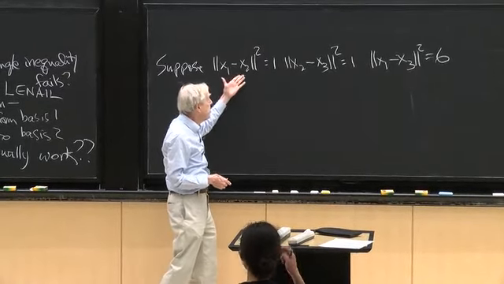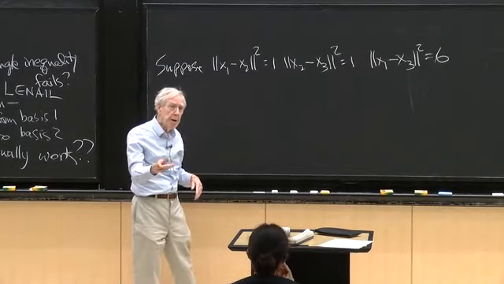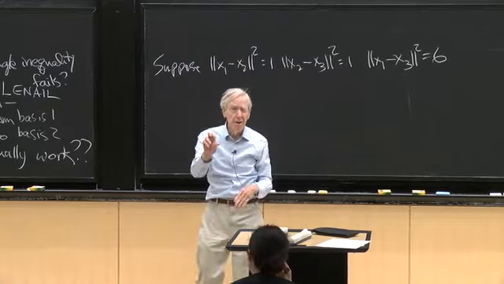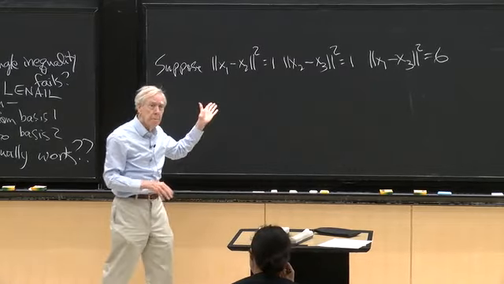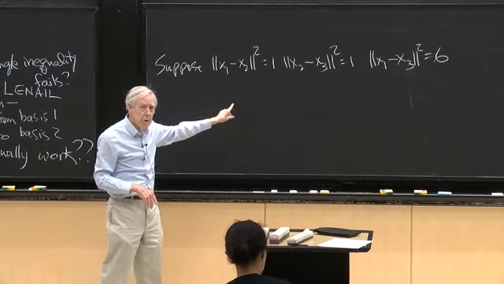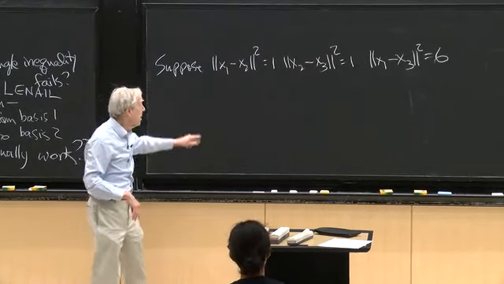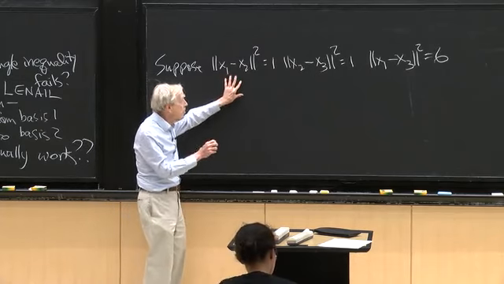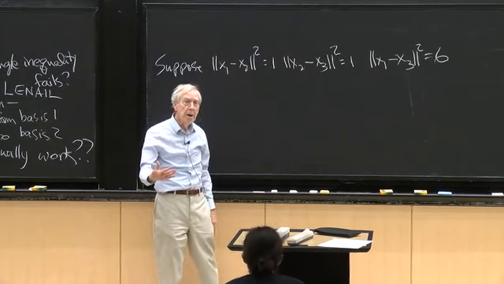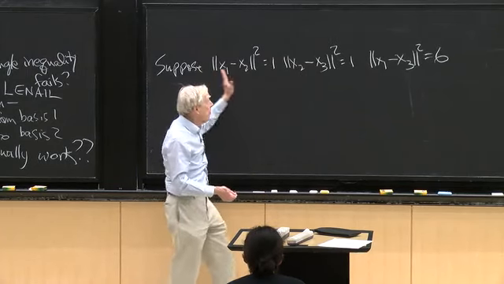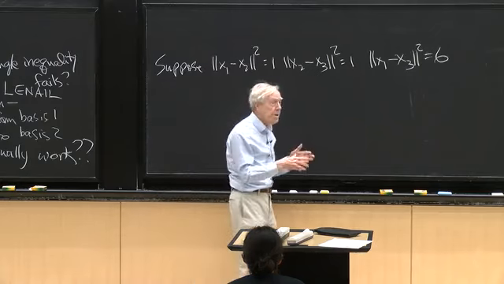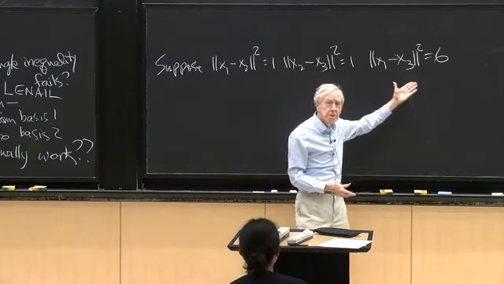You were given the distance between x1 and x2, between x2 and x3, and between x1 and x3, and you wanted to find points that satisfied that. Well, we're going to fail on this example, because if the distance here is 1, and the distance here is 1, then by the triangle inequality, the distance from x1 to x3 could not be more than 2. And when we square it, it could not be more than 4, and here it's 6.